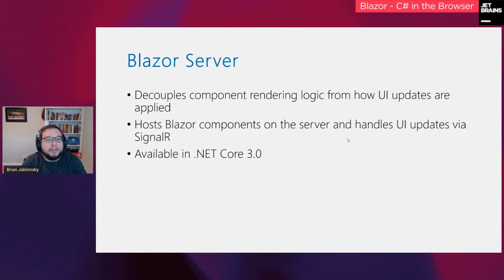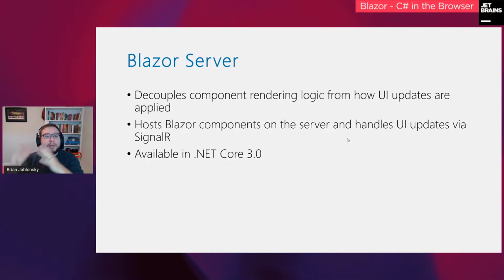Blazor Server is basically decoupling the component rendering logic from the browser and shipping that over to the server, and then using some type of service to talk back and forth between the client and the server, and letting the client do the re-rendering.